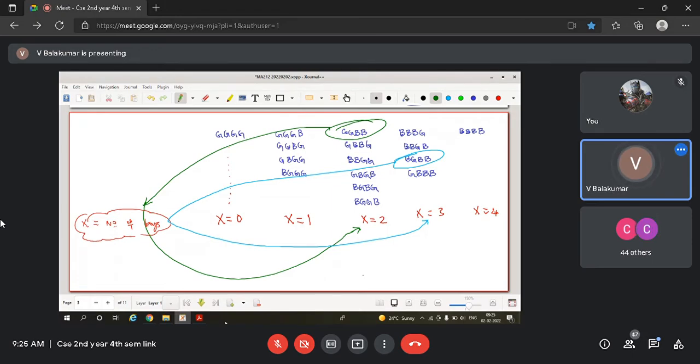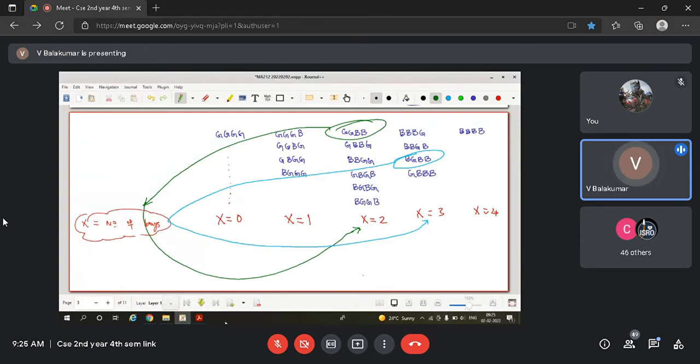Then it means 100 boys, which is not in my experiment. So once I have the random variable definition and the possible values, then I can talk about probability. What is the probability for 2 boys?